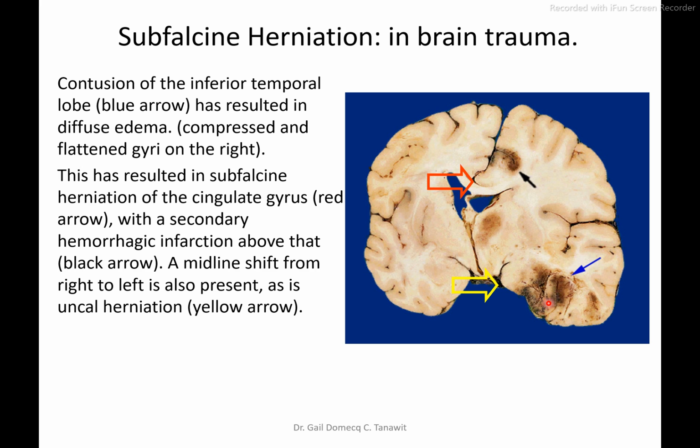This has resulted in a subfalcine herniation of the cingulate gyrus here, with secondary hemorrhagic infarction above this one. Then a midline shift. So this is the midline, however it went to this area. There's a midline shift from the right to left, as is uncal herniation.